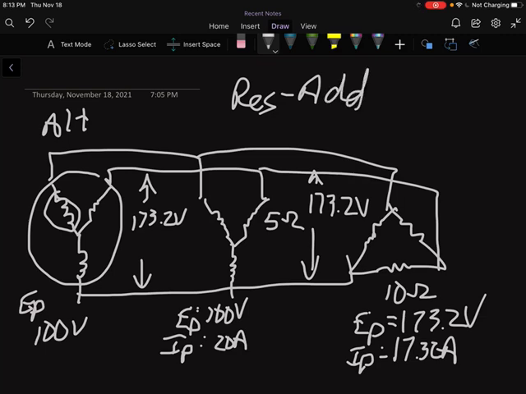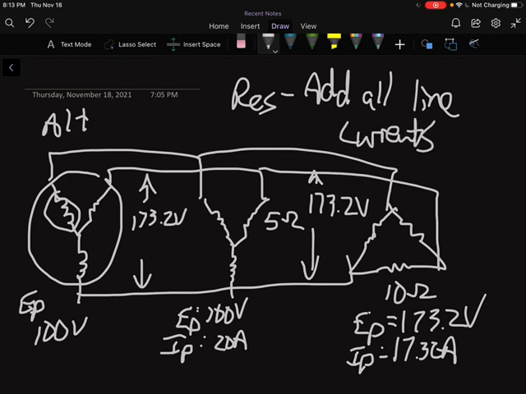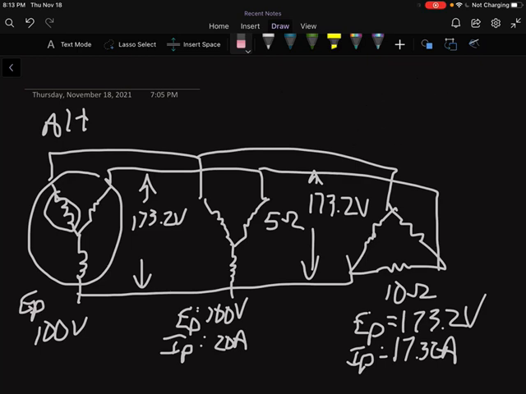That looks terrible; I need to get used to doing this. You can just add all line currents together. Okay? But it is important that you're using line currents, not your phase currents. So let's delve into that.